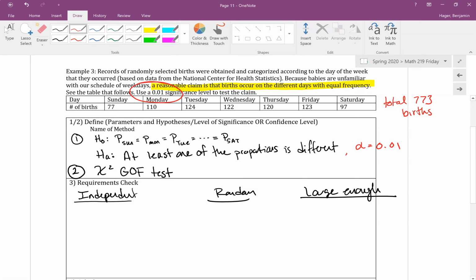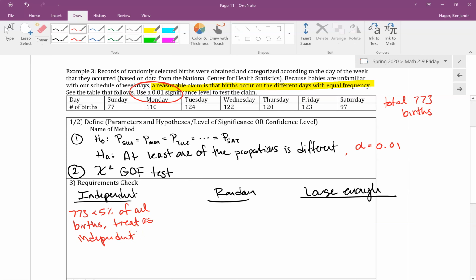Well, definitely that's less than 5% of all births that take place, right? So 773 is less than 5% of all births, so we could treat them as independent. Random, does it say random? Randomly selected, so yes. A random sample was taken. Now, are we large enough? Remember, that means the expected values have to all be at least 5.